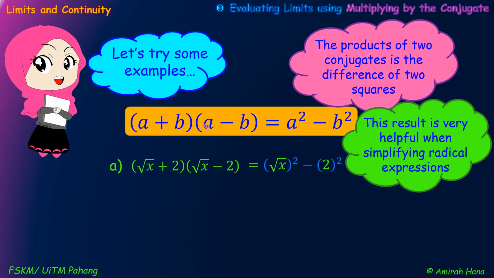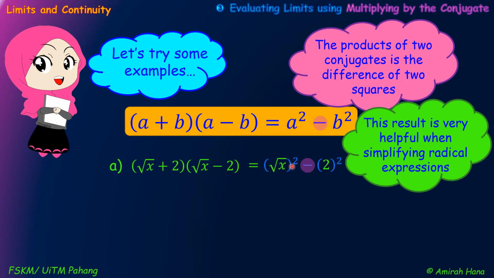When we compare with this, our A equals square root of x and our B equals 2. And in between, after we expand, we get a minus sign. Remember, the product of two conjugates is the difference, and the difference means in between is minus of two squares.